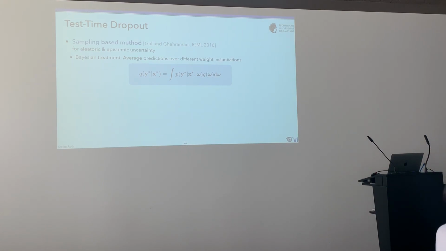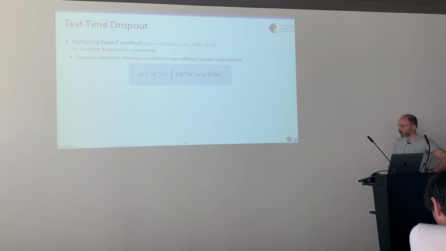The basic idea is, at the end of the day, if you have a Bayesian neural network, you would like to take the predictive output from the network, so the distribution over the outputs given the inputs and the weights, and now you want to integrate over the different weight instantiations if you have some uncertainty over what the right weights are. Okay? The big problem is that there are millions of weights, and you don't want to integrate in a million-dimensional space. So you need to approximate this.